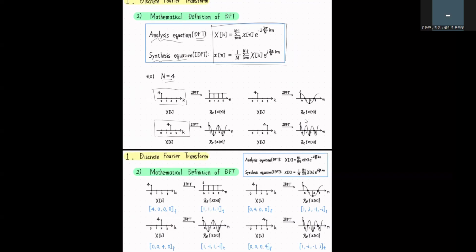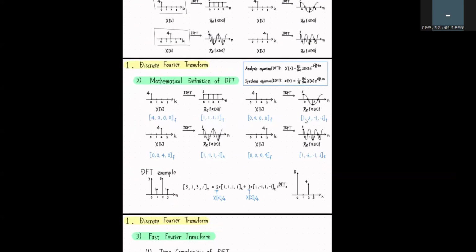And of course, the period of the signal is 2. So from this mathematical definition, we can convert signals from the time domain to the frequency domain and vice versa quite easily.